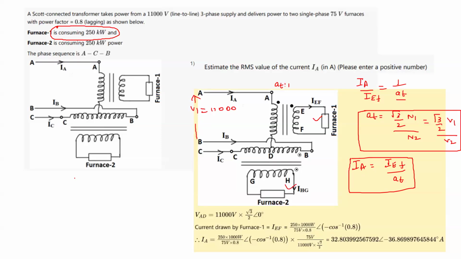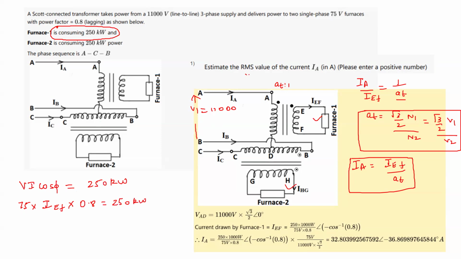So what is the formula for the single phase load? The single phase power is V I cos phi, which is 250 kilowatt. Here V they have given as 75, I we can find here, which is IF, cos phi is 0.8, and this is 250 kilowatt.